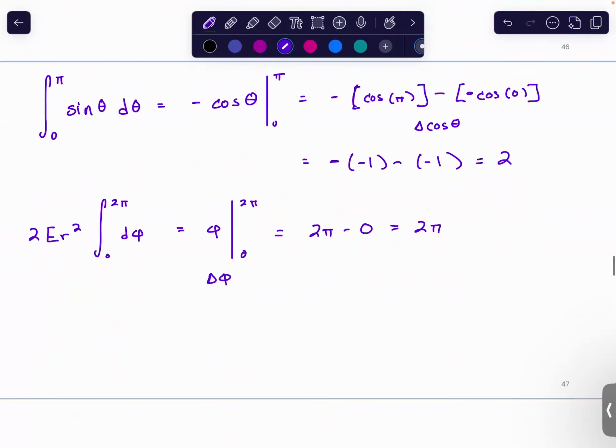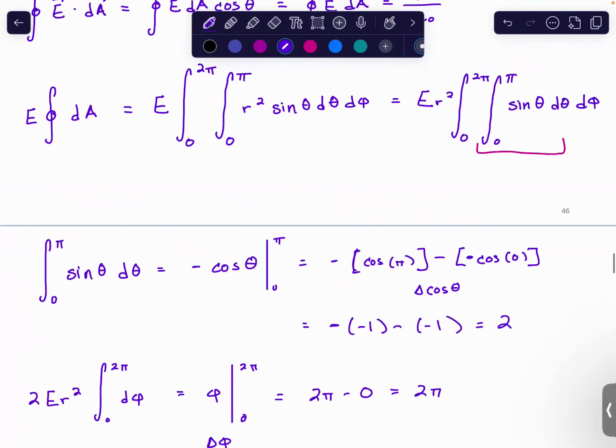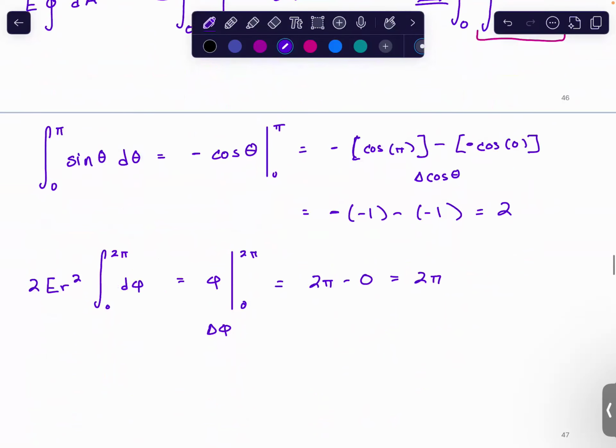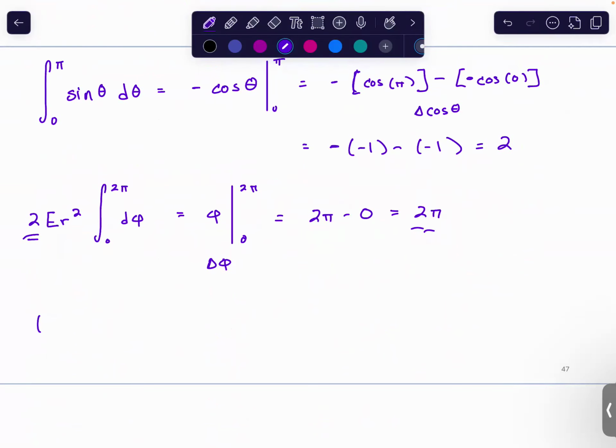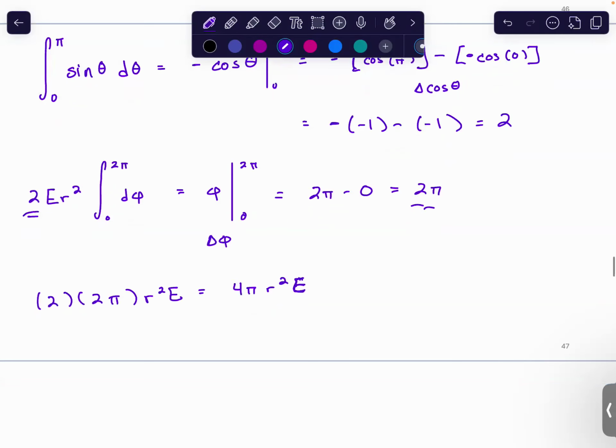Because now, when we put it all together, we have our original constant, E r squared, and then we have the 2 pi. So we end up with 2 times 2 pi times r squared E equals 4 pi r squared E. Don't forget our electric field, E. So that is our surface integral.